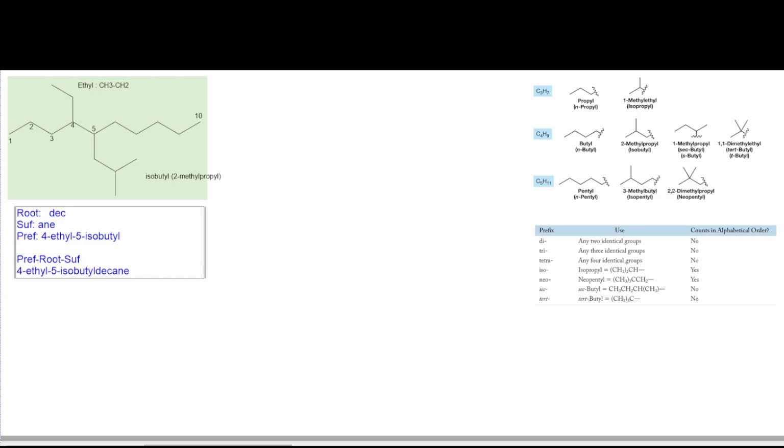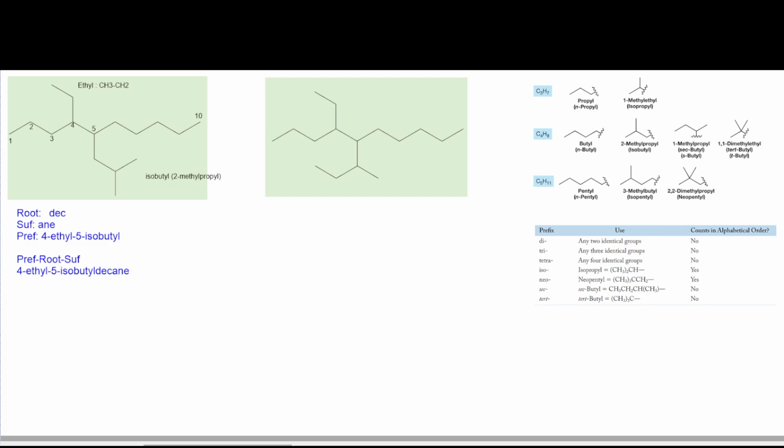Okay, let's take another example. The same student also shared this particular molecule with me. We can work on that as well. In this case, we need to choose the longest carbon chain.